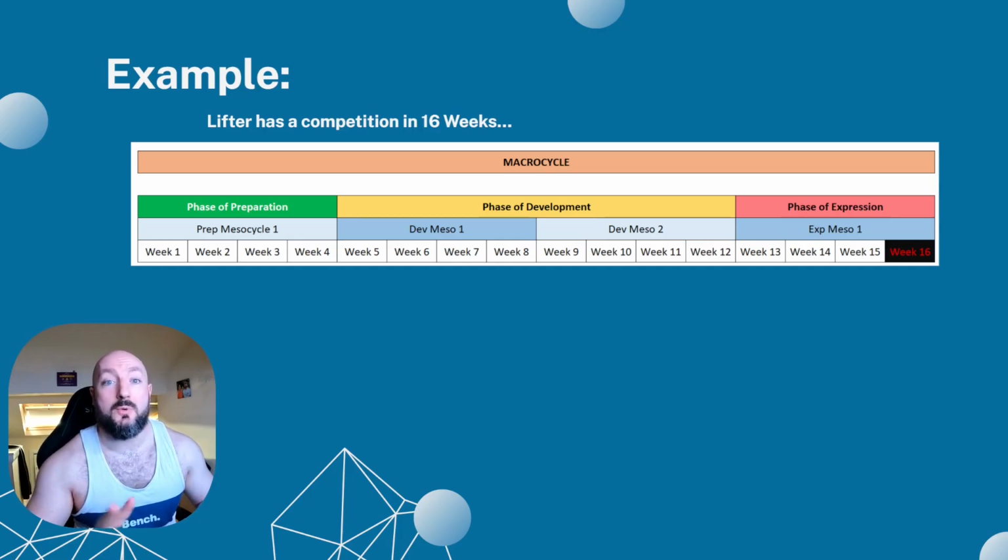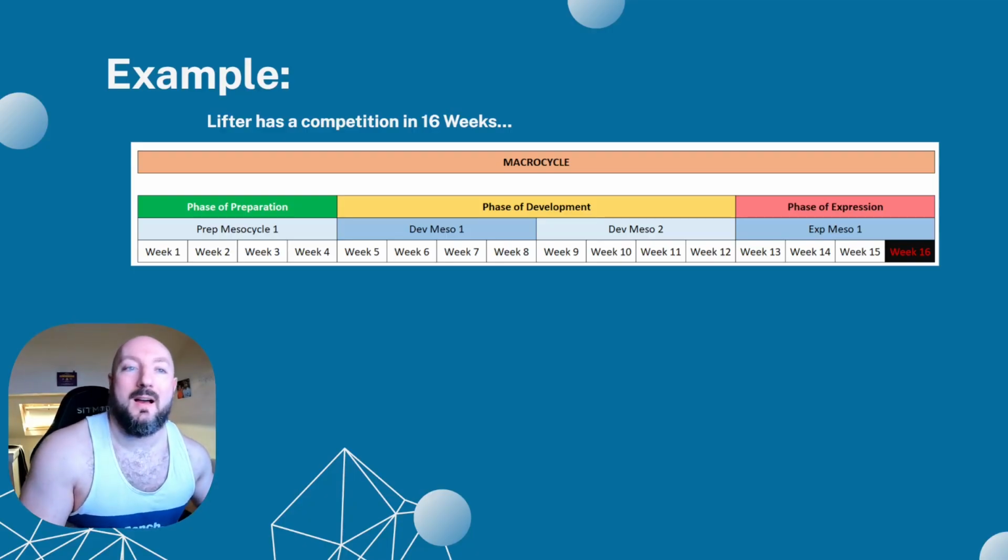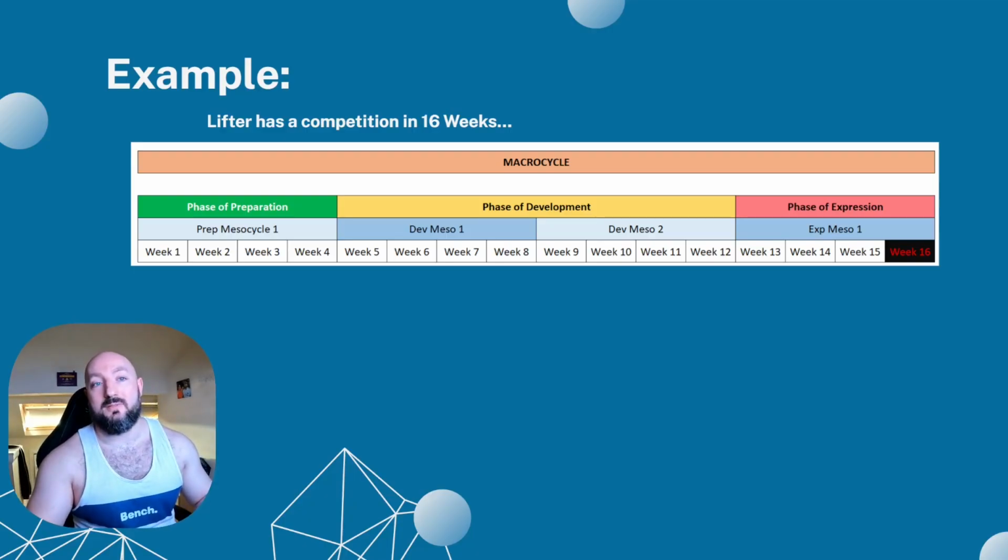Then 2 months, so 2 individual blocks of development mesocycles. Because there are 2 mesocycles over 8 weeks, that's an 8-week phase of development constituting 2 blocks. And then the final block would be the expression mesocycle, or the phase of expression. That's where we're going to lift the most weight and get prepared for a competition, where we put it all into good use.